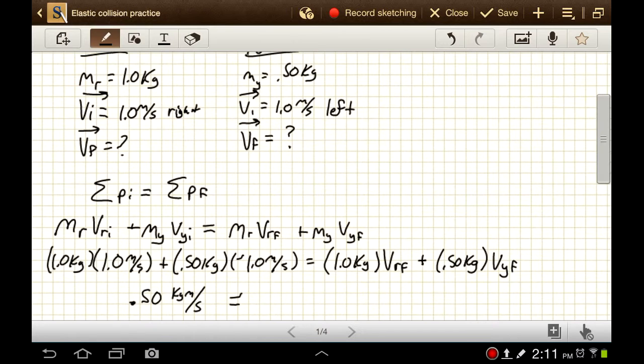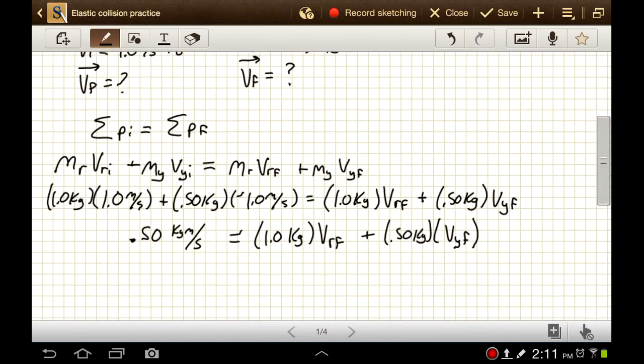And we'll set that equal to 1.0 kilograms times velocity of the red final, plus 0.50 kilograms times the velocity of the yellow final. I'm going to go ahead and divide everything by 0.5, just so I'm working with whole numbers here. That'll be useful when I go to the graphing stage too, because I'm going to have a coefficient of 1 on the yellow one instead of the red one.